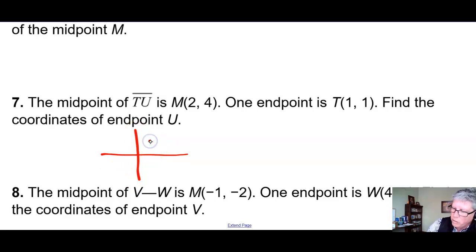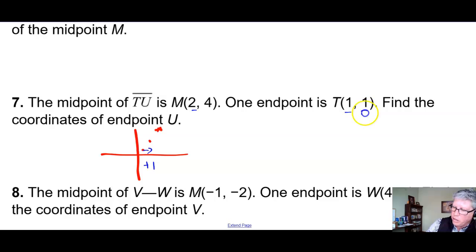2, 4. One endpoint is 1, 1. So we're looking for this right there. All right. So what did we do to get there? We started at 1 and we got to 2, so we moved plus 1 in that direction.